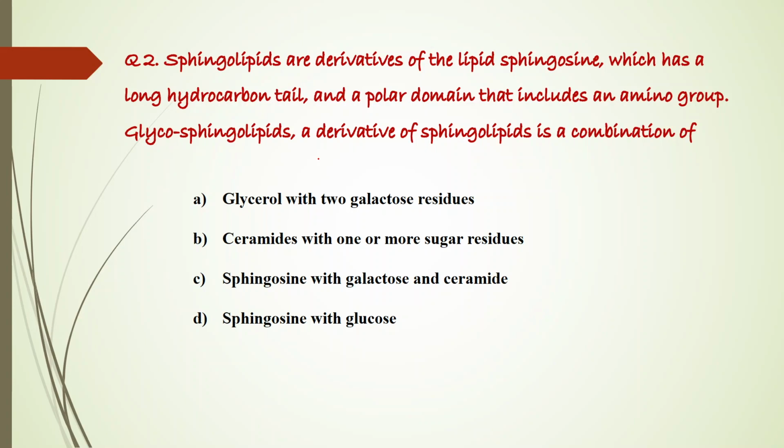Glycosphingolipids, a derivative of sphingolipids, is a combination of what? So these are your options. You already know sphingolipids are those where the backbone is sphingosine. And what does sphingosine have? Sphingosine itself has a hydrophobic side chain.